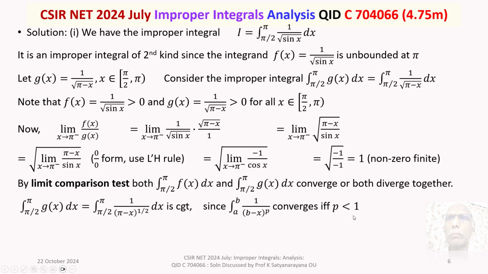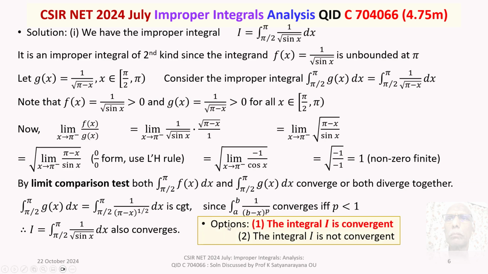This is a very well known result under improper integrals. So therefore, here p is 1 by 2. 1 by 2 is less than 1, therefore this also converges. Therefore, the integral from pi by 2 to pi of g of x dx converges. Therefore, I, that is the integral from pi by 2 to pi of f of x dx, also converges by limit comparison. So that means I also converges. Look at our options, and option 1 says the integral I is convergent. Therefore, option 1 is true.